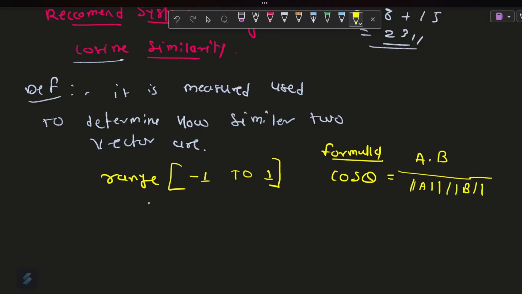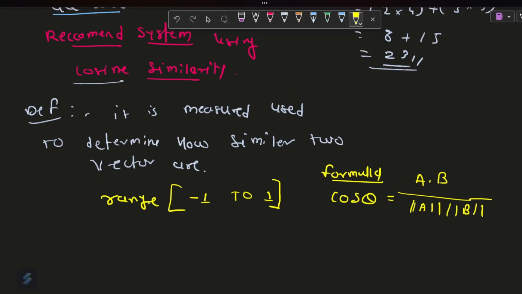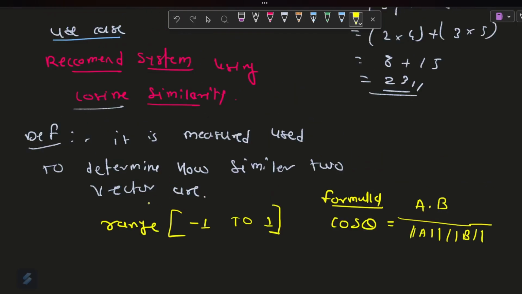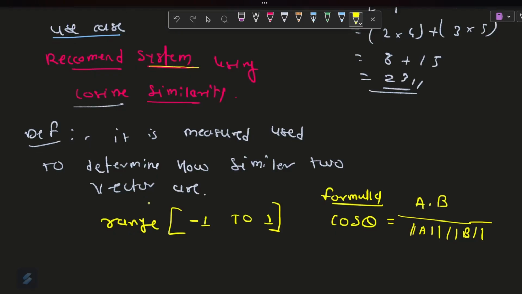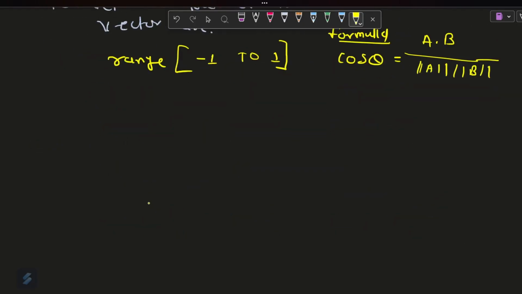This is the formula. So this is the formula, this is the range, and this is the definition. So how is it used in a recommender system? We will understand with an example.